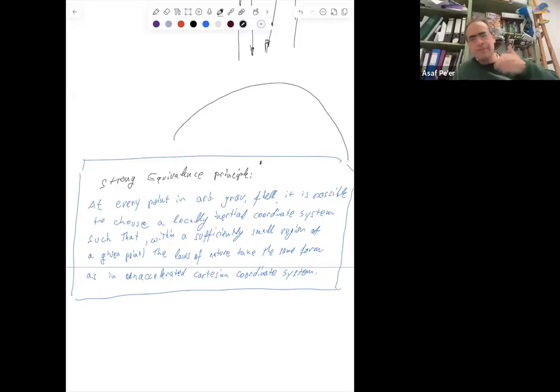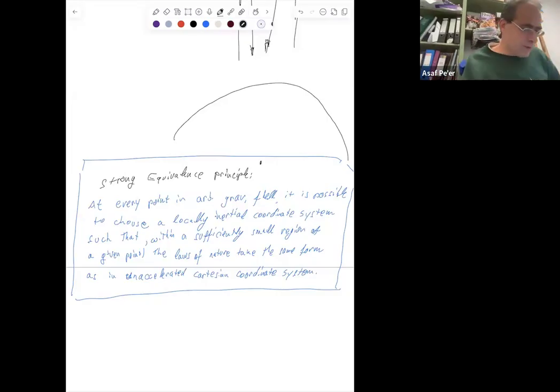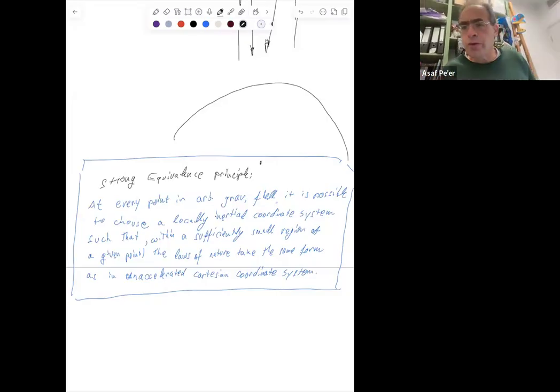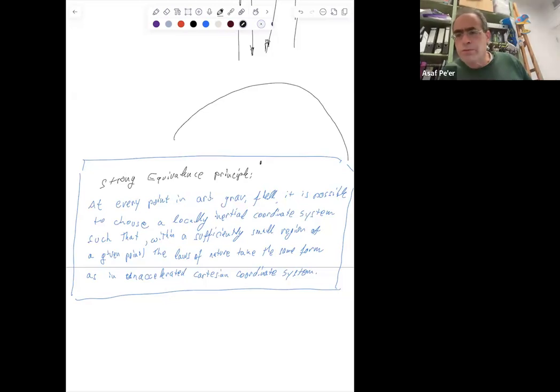Remember, we spoke about that in Newton's bucket experiment. There is always, everywhere in space-time, a locally inertial coordinate system in which the laws of special relativity hold. So everything we learned about special relativity in the last few lectures is okay. They hold. We don't have to throw any of them away.